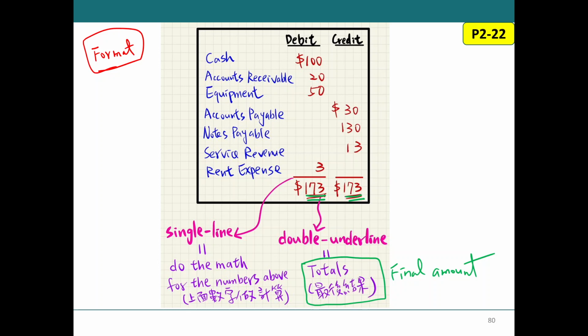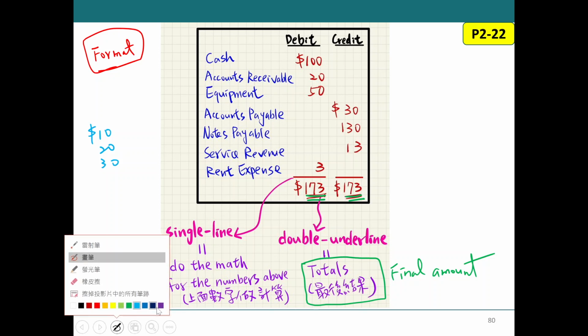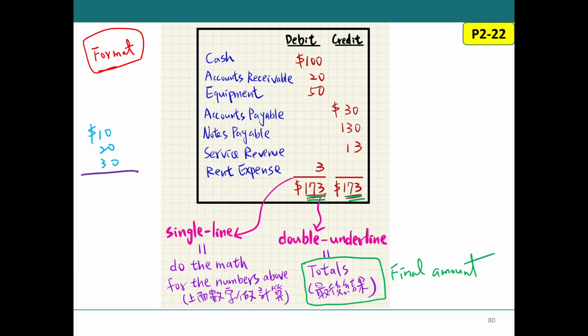Okay? So it's like, for example, 100 plus 20 plus 30. Did you find out I use the dollar sign only for the first number? The other two numbers, I don't use the dollar sign, okay? Then when I draw a single line, it means I do the math for any numbers above the single line.